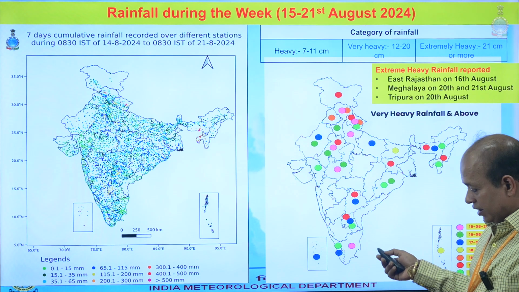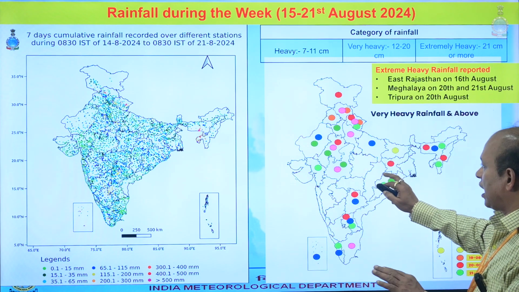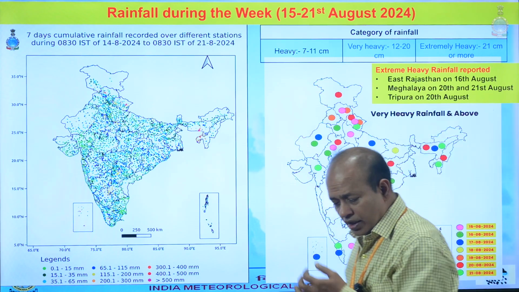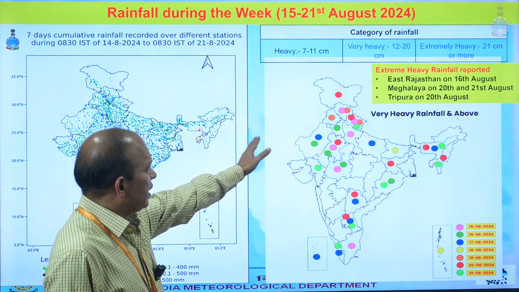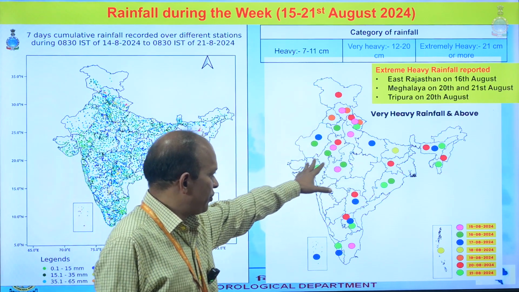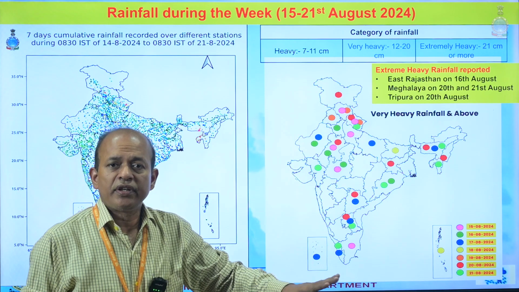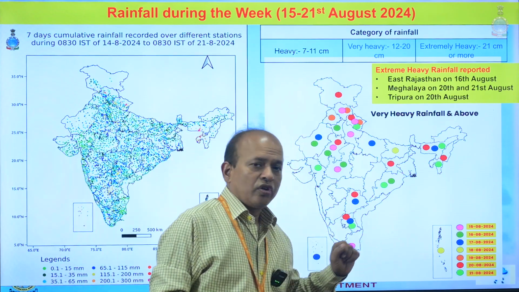So if on a day-to-day basis we want to highlight which regions got very heavy rainfall or above, you can see here how it is distributed from 15th August to 21st August.